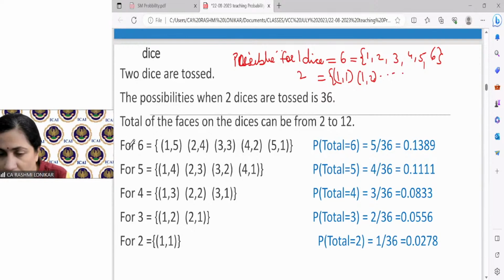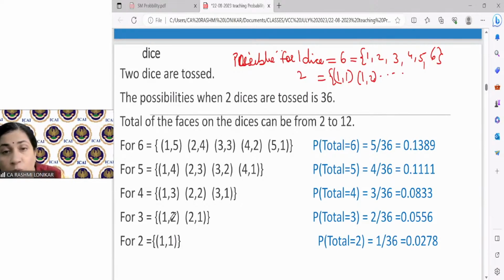So here we are talking about total 2, 3, 4, 5. What is the total on the top? For 2 it is 1 1. So 1 on the first dice, and on the second dice also I should have a 1. So P of total 2 is equal to 1 by 36, which in decimal is written like this. What is the total when I get 3?